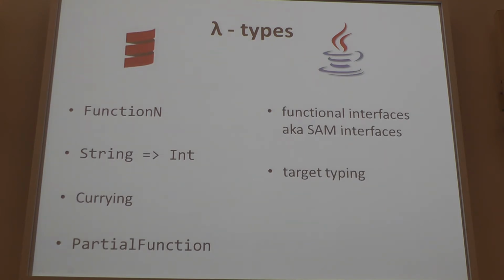So, for example, I will not draw on the board, but if you have in your API an interface that has one method, and it takes one int and returns, I don't know, a string, then you can use any lambda expression that is compatible with the functional interface.